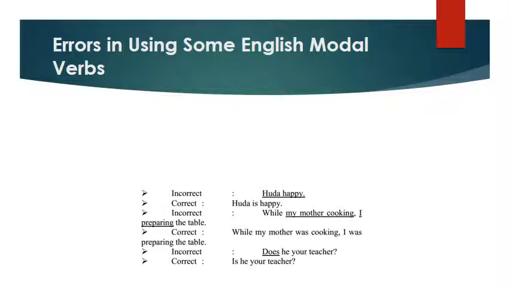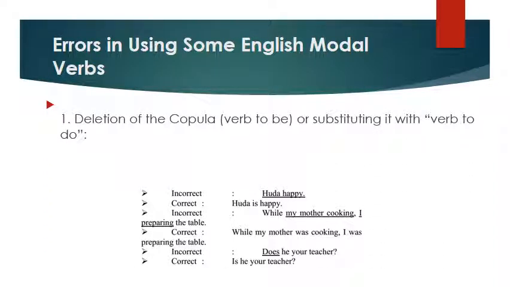Modal verbs are the helping verbs that we use in English, like will, shall, can, might, and so on and so forth. So what exactly do the Arab learners do? They resort to deleting the copula, which is the verb to be in particular, or substituting it with the verb to do.